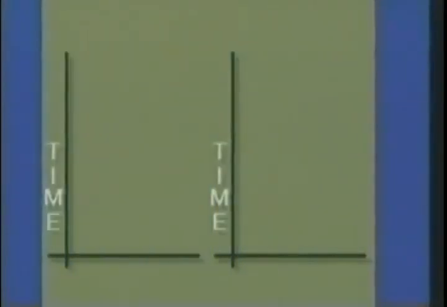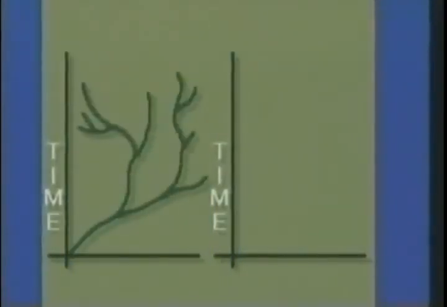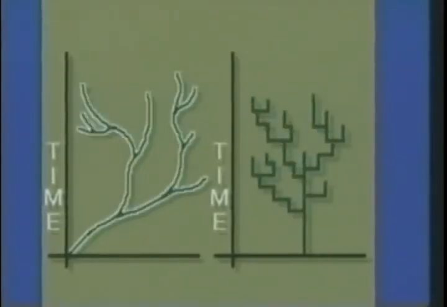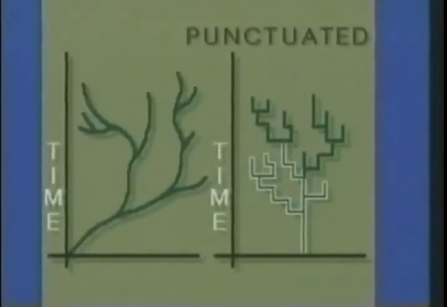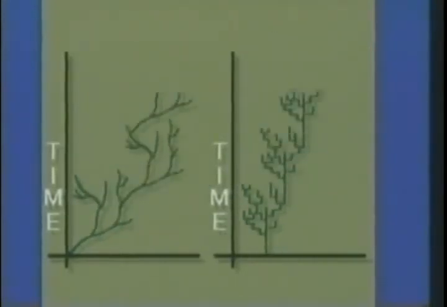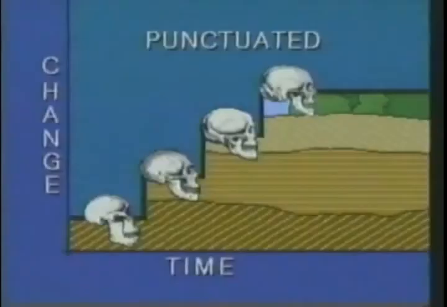Here is a comparison of the two patterns: gradualism and punctuated equilibrium. The one is smooth, the other shows leaps and bounds. Now squint. Their branching patterns look much alike.